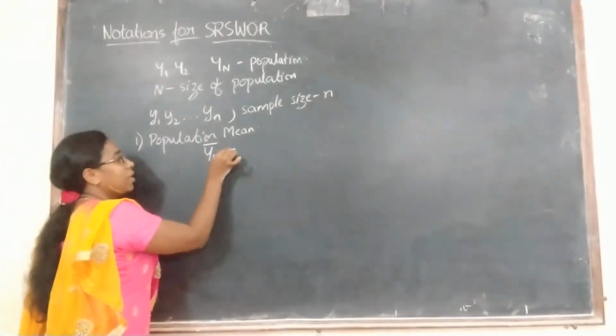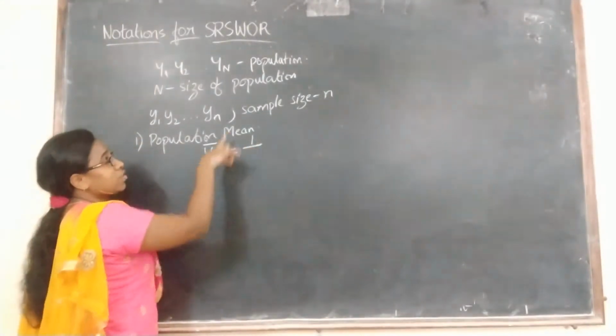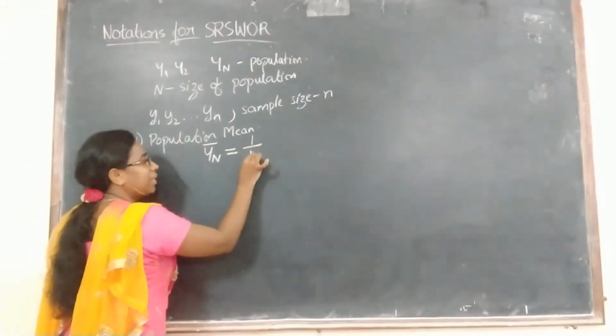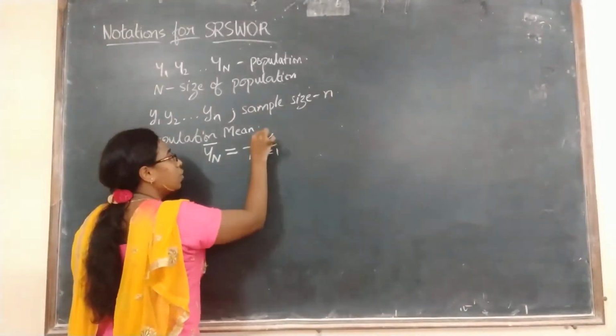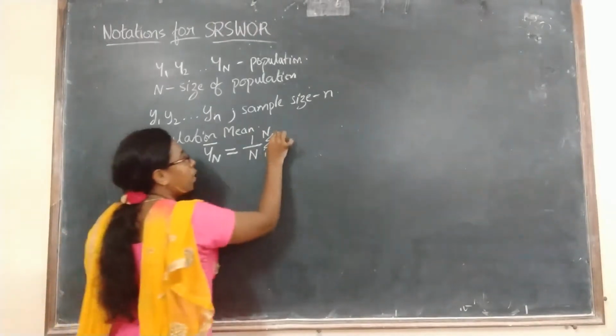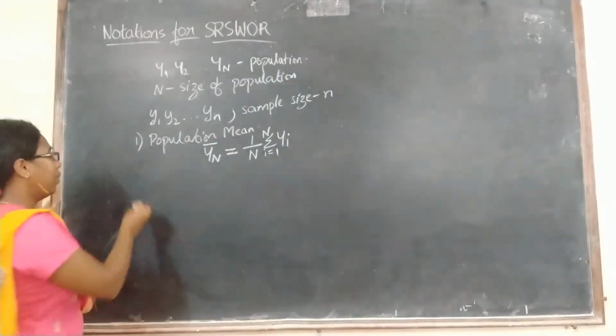What is the formula for the mean? 1 by N, that is, here N is the size of the population, summation i equals 1 to capital N Yi, all the population values only. So this is the population mean.